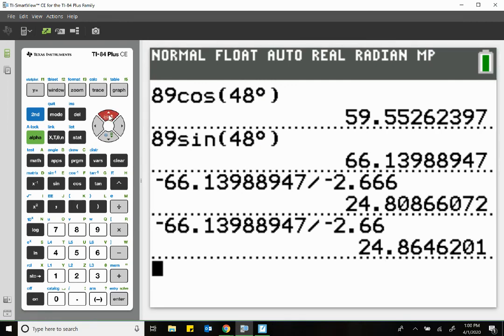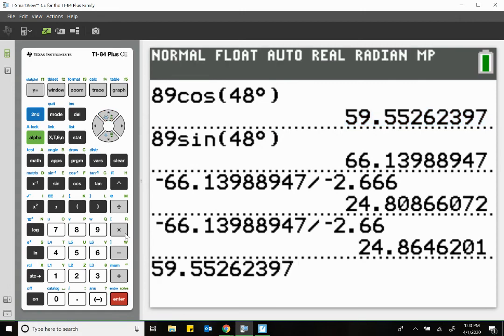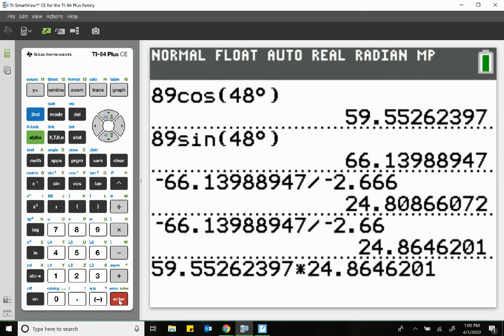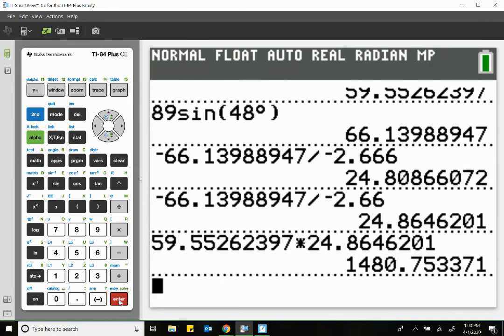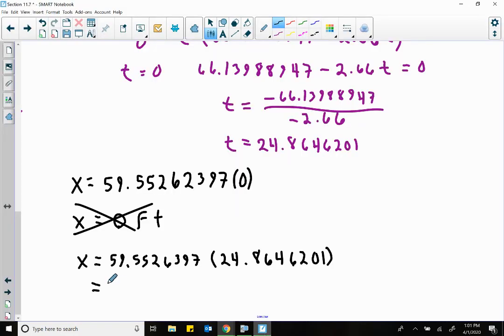So all I'm going to do is scroll up, grab that number, times, scroll up, grab the other number we want, hit enter, round to the nearest whole. The 7 says, hey, 0, go up. So the ball went 1,481 feet. And there we go.